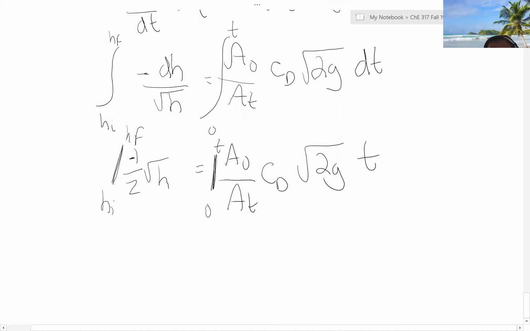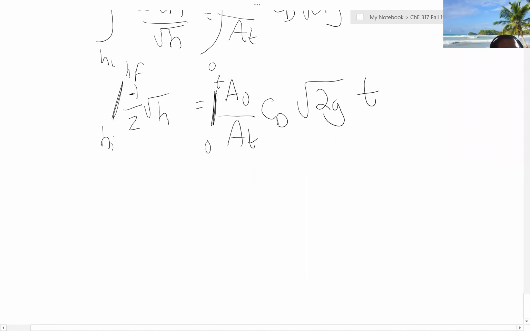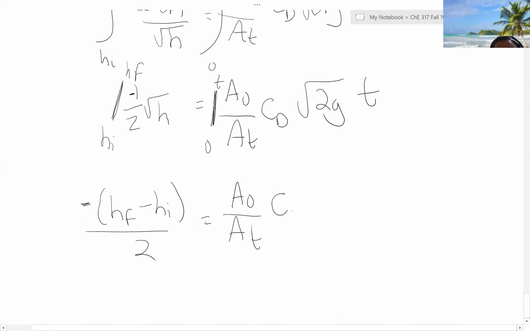Which means if I plug this in, I should be left with h final minus h initial times negative over 2, which is just the 1/2, equals area out, area of tank, discharge coefficient times square root of 2g times simply t, because it's going from 0 to t.